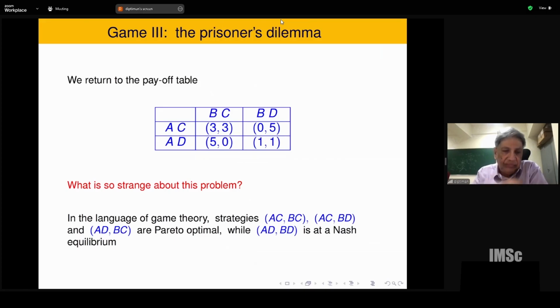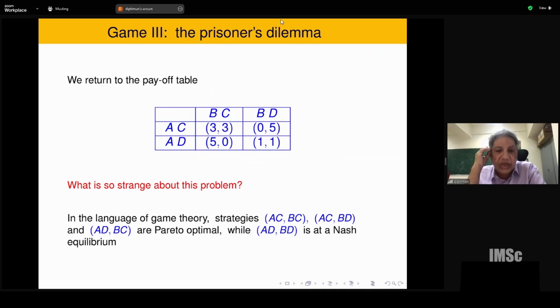What is very strange about this problem is the following: in the language of game theory, the strategies AC-BC, AC-BD, and AD-BC, that is, the entries 3-3, 0-5, and 5-0, are what are called Pareto optimal. And the last strategy, AD-BD, 1-1, is at a Nash equilibrium. So I have to explain these terms to you. What is Pareto optimal and what is Nash equilibrium?